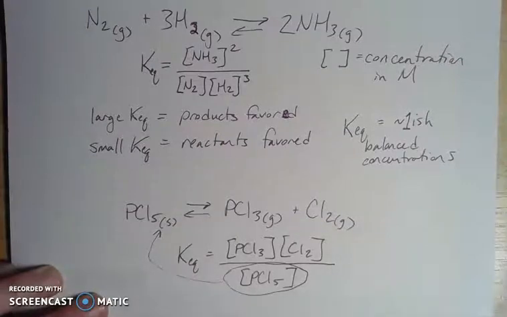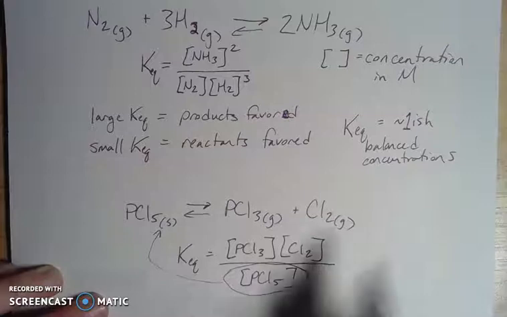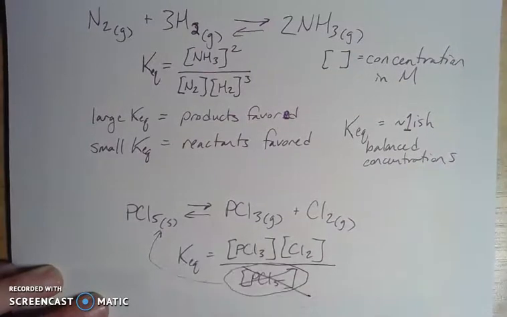Solid particles are really tightly packed together, and 99.9% of the actual sample itself is the solid particles. So you can't really talk about the concentration of a solid because it's essentially just 100% of that. If it's just a 1, then I don't include it in my expression.